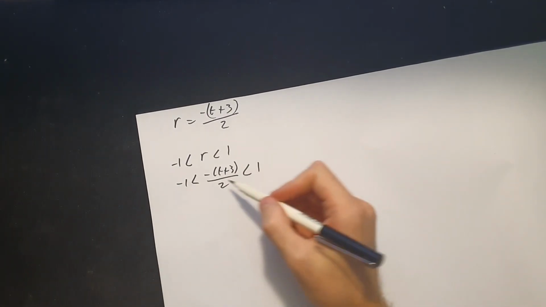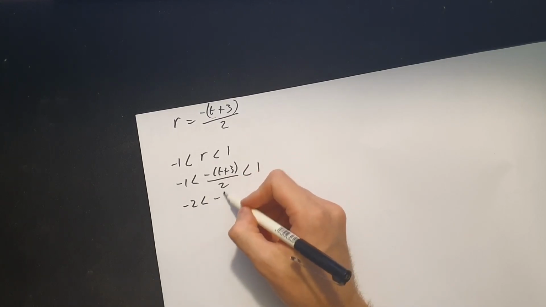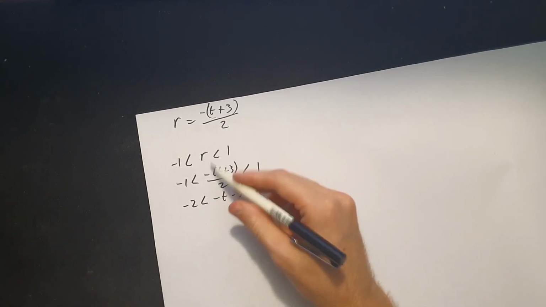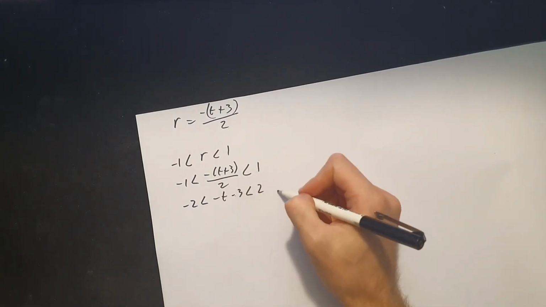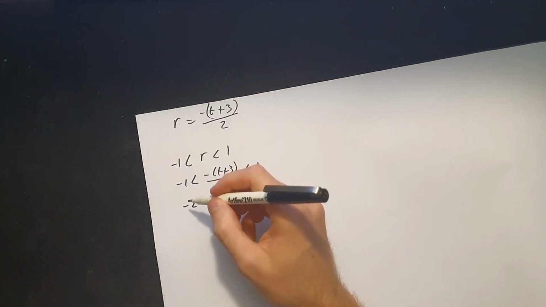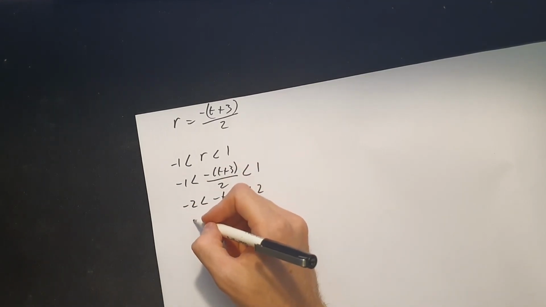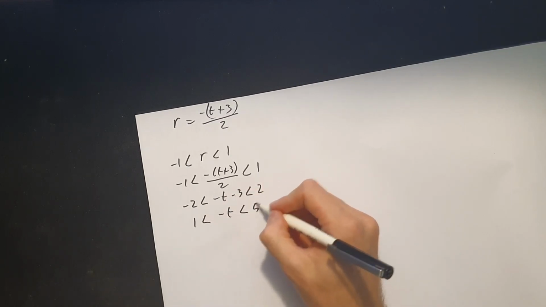Distribute the 2's to both sides, multiply out by 2, so negative 2, negative t minus 3. Okay, I just distributed the negative, then that becomes a 2. Then I'm going to take the negative 3 out. Okay, so I'm going to add 3 and add 3 and add 3. So this becomes 1 minus t, and then that becomes 5.